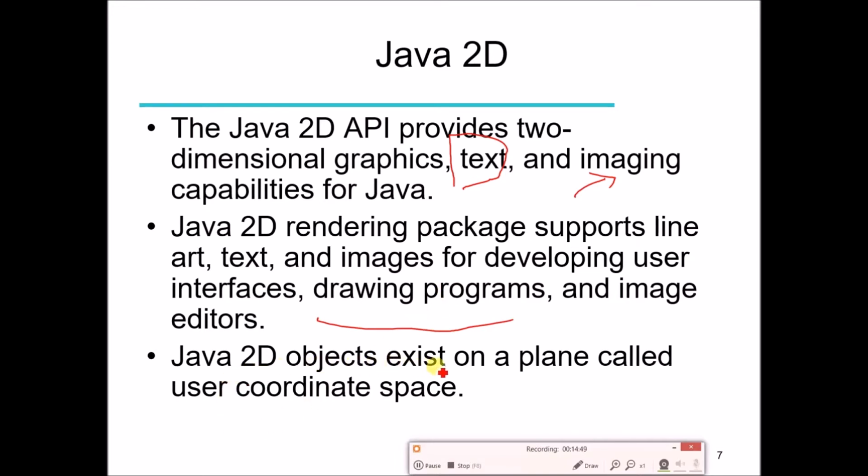A Java 2D object exists on a plane called the user coordinate space. When you are drawing objects, you draw them on a two-dimensional plane with coordinates, which means that for every point you have to specify the position of that point or vertex by using two values, the x value and the y value.